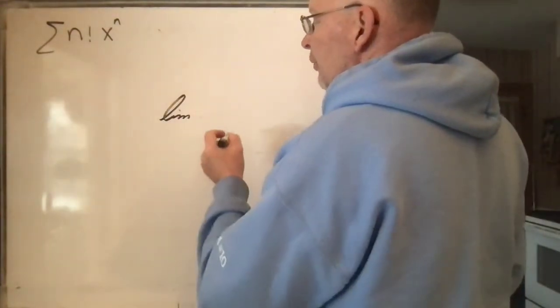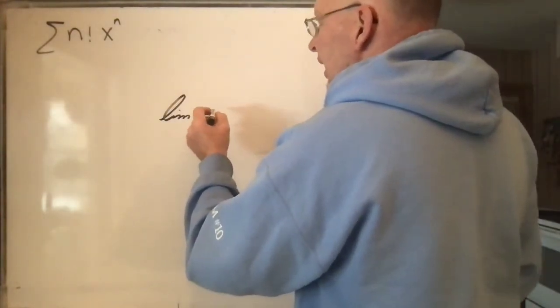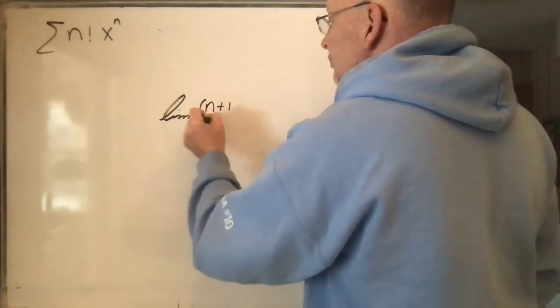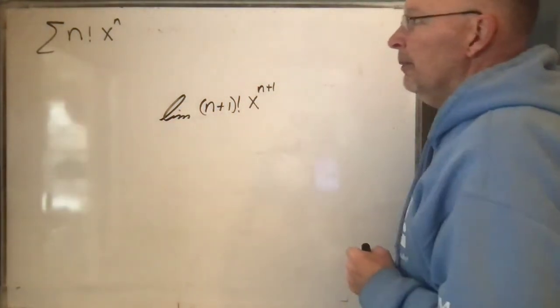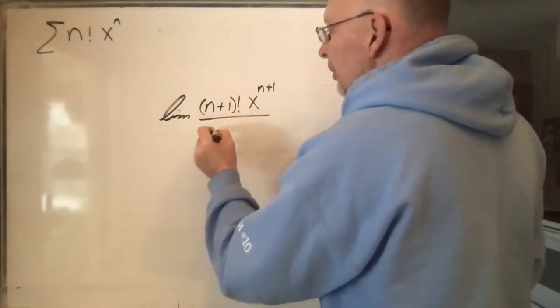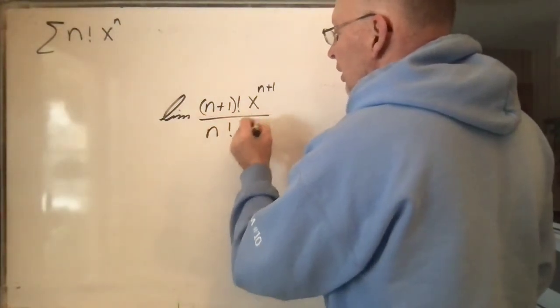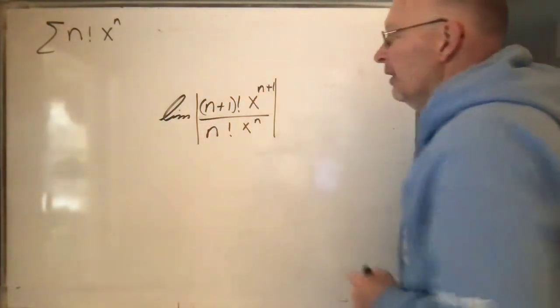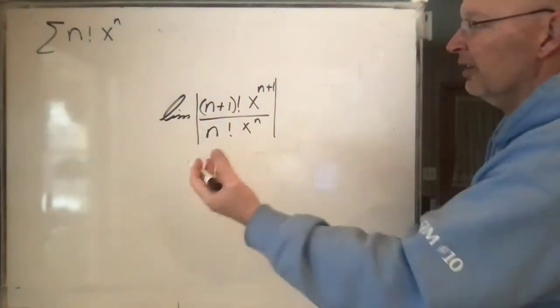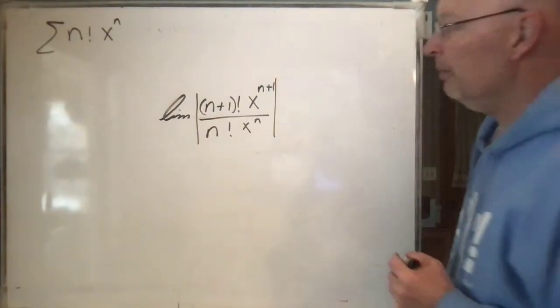How does the ratio test work? We take the n plus first term, divided by the nth term. And we slap on absolute values, because x can go either positive or negative from 0.